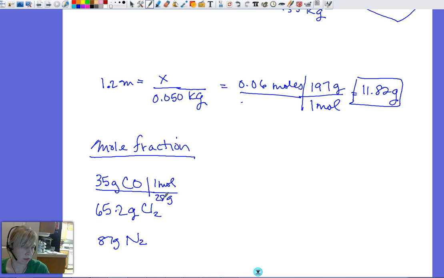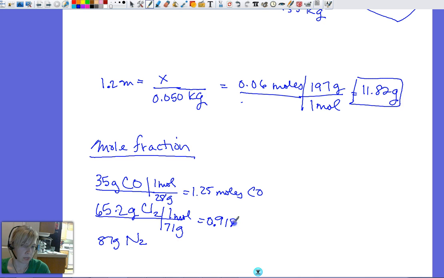So 35 divided by 28 equals 1.25 moles CO. Our chlorine, we have 35.5 times 2, so that's going to be 71 grams in 1 mole. 65.2 divided by 71 gives us 0.918 moles Cl2.